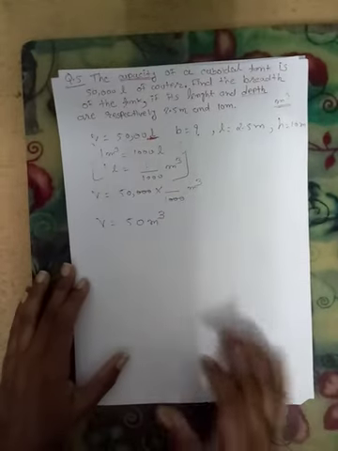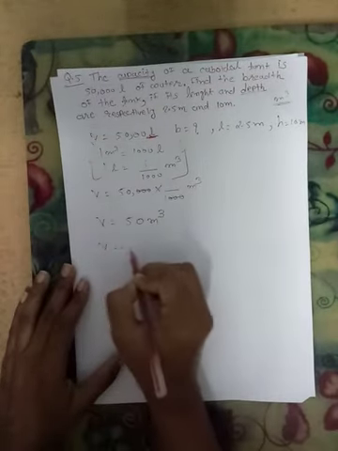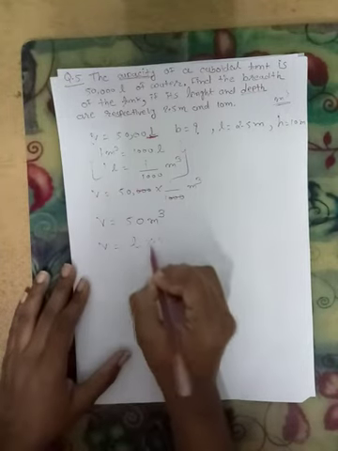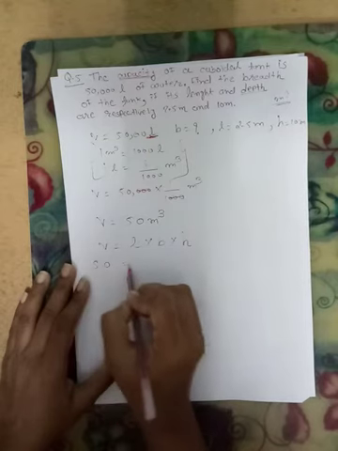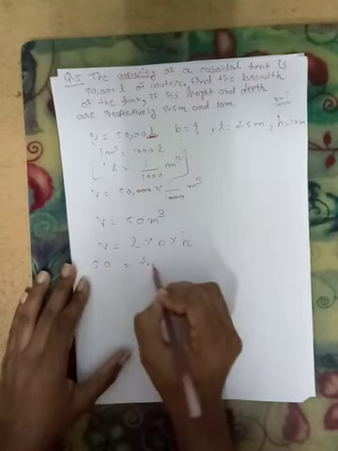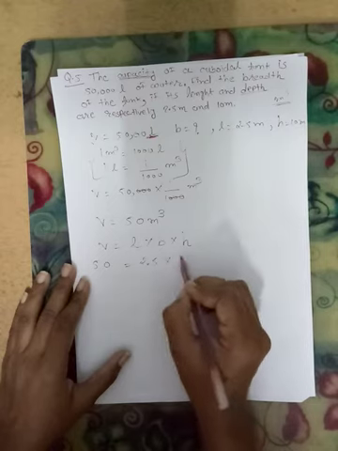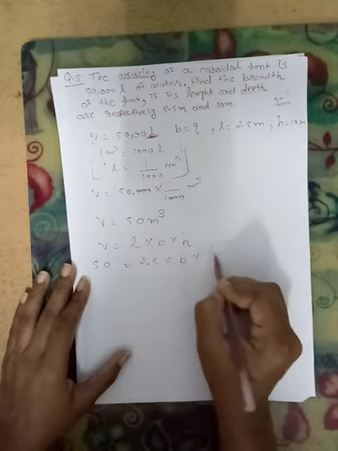Now V is equal to volume of cuboid, which is equal to L multiplied by B multiplied by H. V is equal to 50, L is 2.5, breadth is a question mark so B as it is, and H is 10.